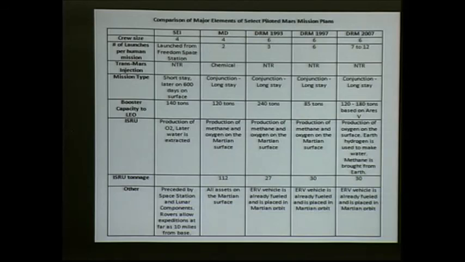So I want to cover the latest design reference mission, which is only producing oxygen on the surface. It's not producing any methane. That was an analysis done by NASA where they felt that the extra weight and energy utilization was too high. But I do want to add, they're requiring 7 to 12 launches now for a human-rated mission.